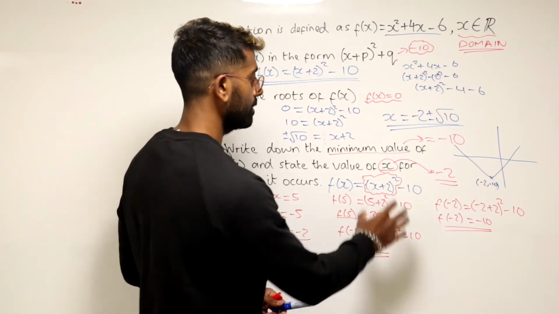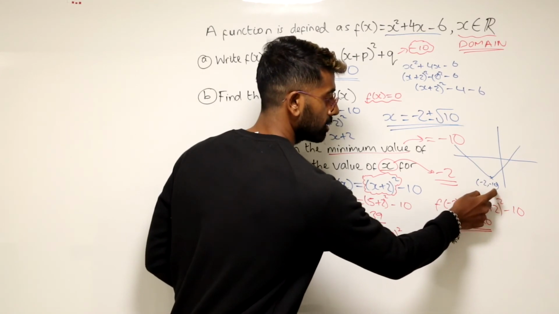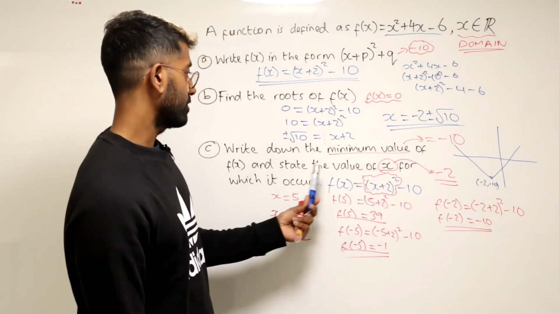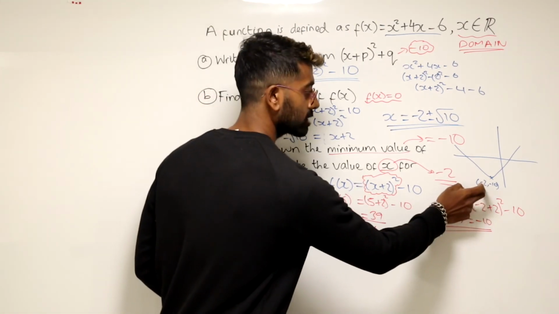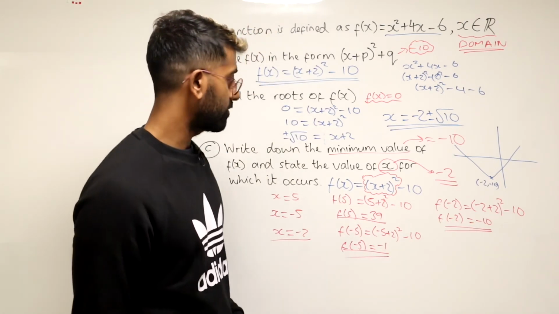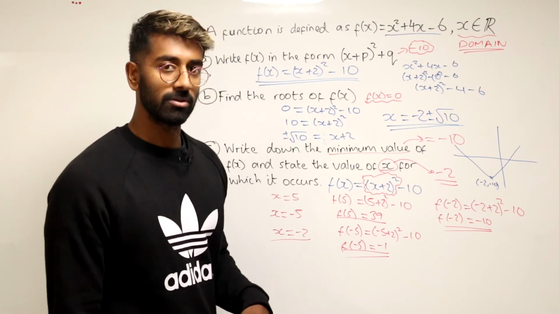So the minimum value, the smallest value you can get out of there, will correspond to the lowest y value on that graph. And then the x value for which it gives you that y value would then be the x coordinate of the minimum point. So that's just a bit of extra information, but we'll talk about this in a couple of videos time.